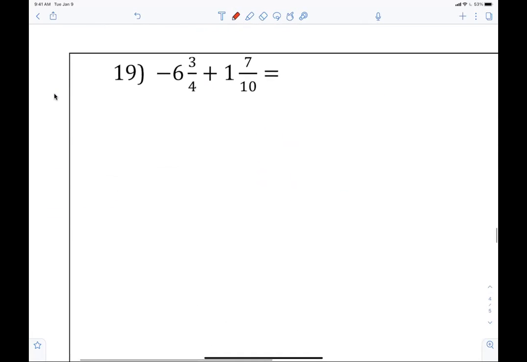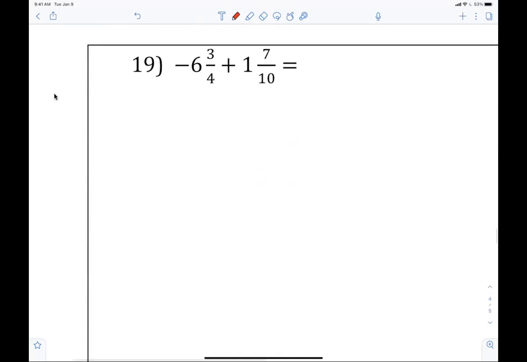Here we go. Number 19. Now, the first thing you ask yourself, are we adding or subtracting? We are subtracting because one is negative and one is positive. Does everybody agree with that? Most people look at the plus sign and they say, well, we're adding because there's a plus sign. That's not true anymore. Once you know positives and negatives, just because it's plus doesn't mean you're adding.